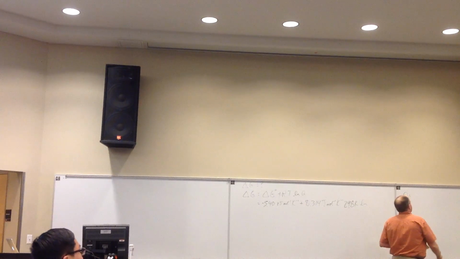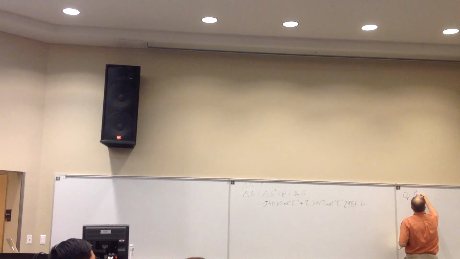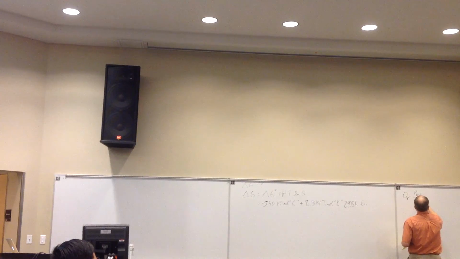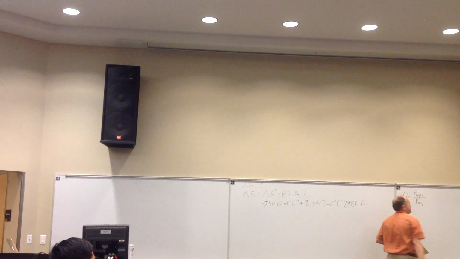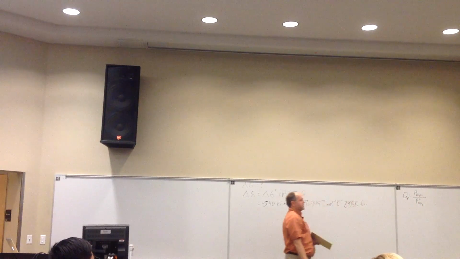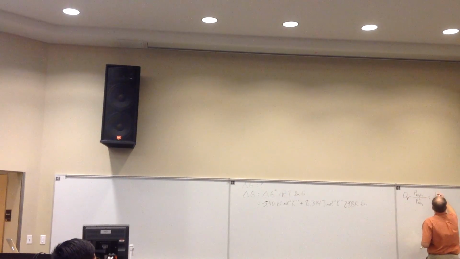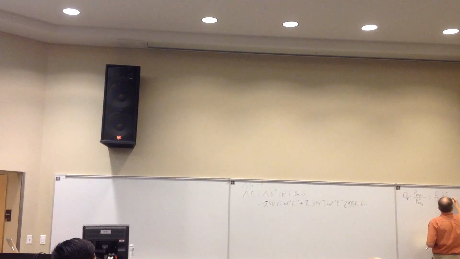I have the partial pressure of dinitrogen tetroxide divided by the partial pressure of nitrogen dioxide squared. 0.60 divided by 0.25 quantity squared.